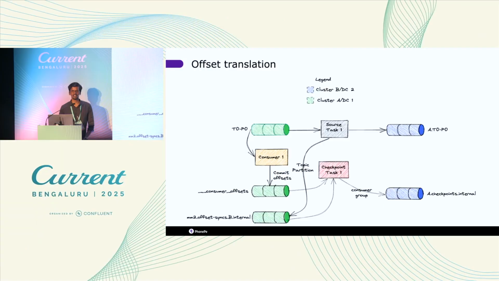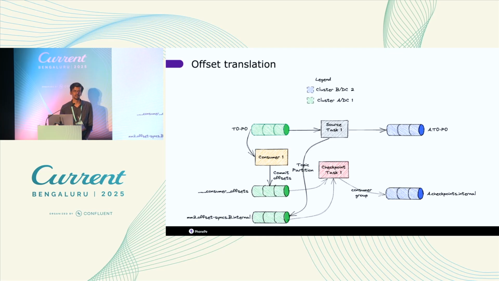Now every Kafka cluster has an internal topic called consumer offsets, where the consumer group offsets are stored. It's the responsibility of the checkpoint connector or tasks to consume messages from both these internal offsets topic and offset syncs topic, and then create a mapping which will be stored in the checkpoints internal topic in the target cluster.